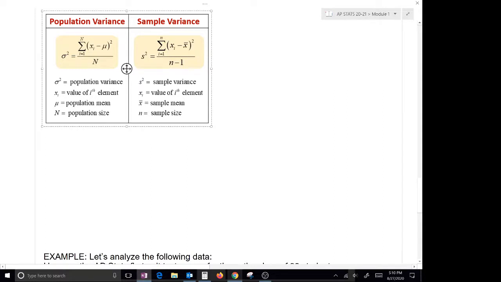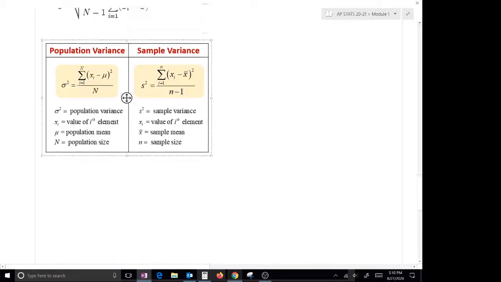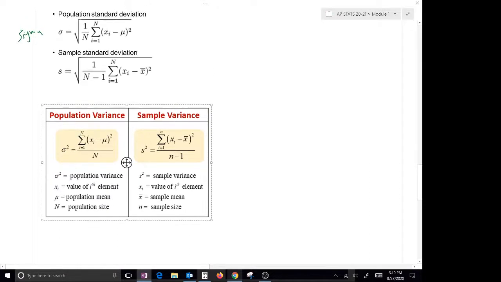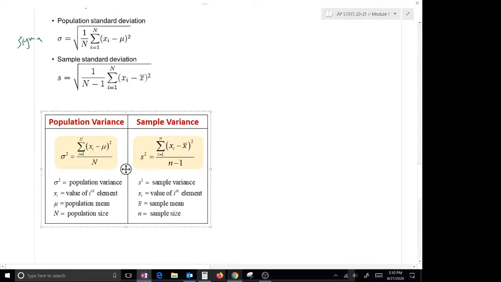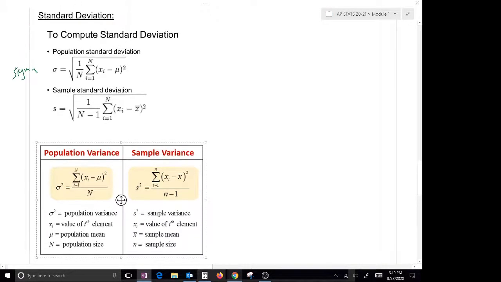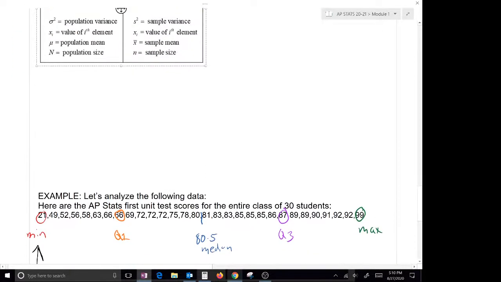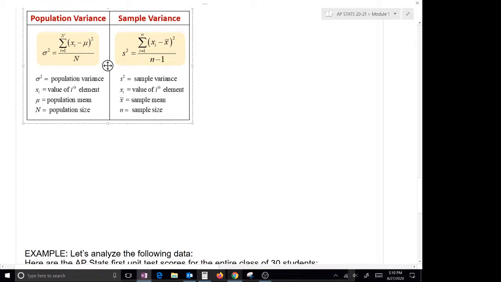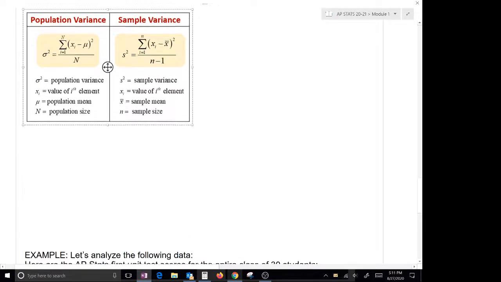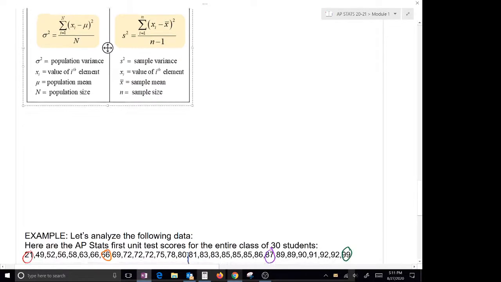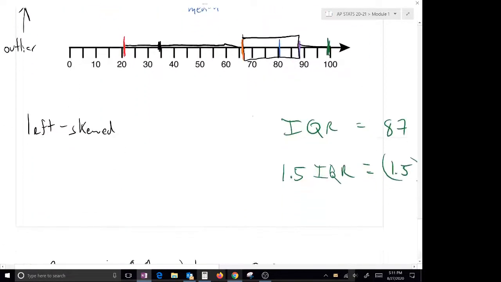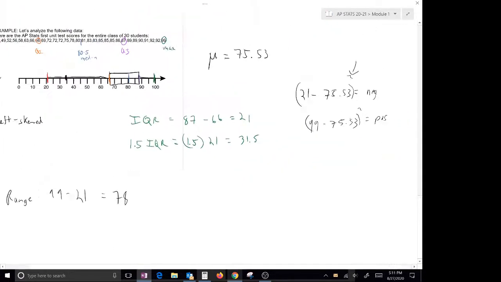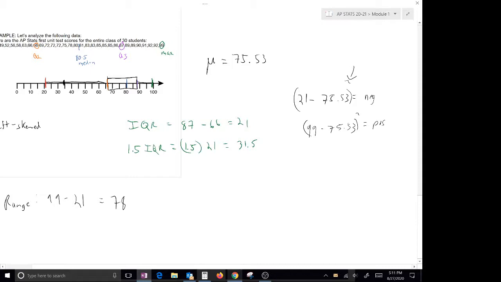It corrects us to get a better value for both variance and standard deviation, one that gets us closer to the true value if we're trying to estimate what the population is by taking a sample. You don't need to worry about what that proof is. Just know the difference between when you're taking a population and when you're taking a sample. Most of the time in statistics we are taking a sample, but not always.